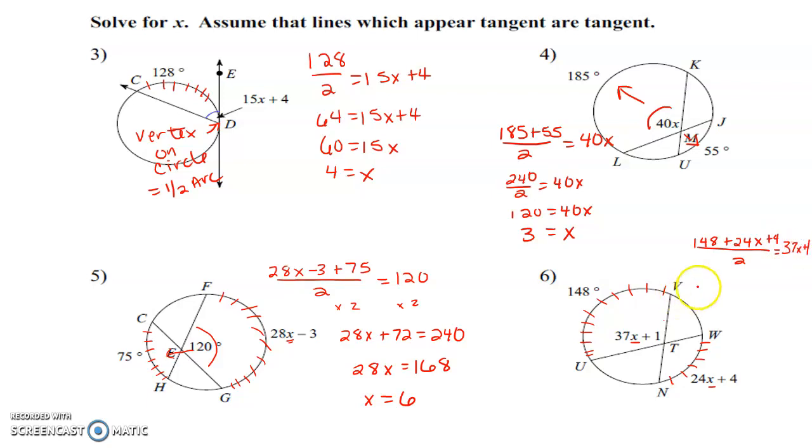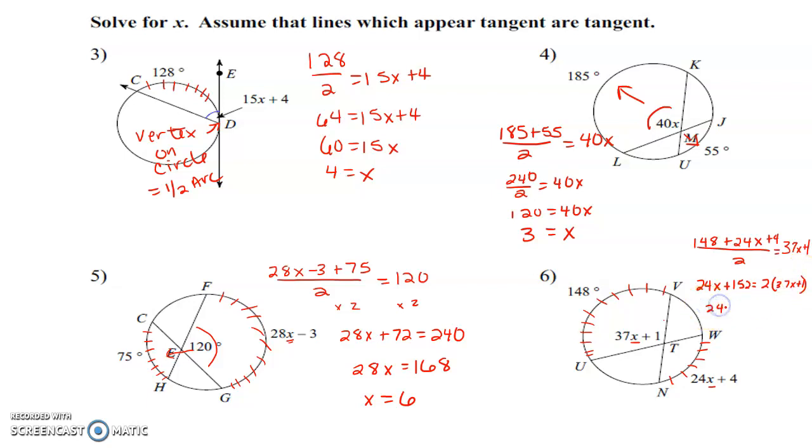Now here's the thing, when I clear my fraction and I multiply by 2, I have to make sure that I distribute. So let's first take a look and simplify my numerator. I'm going to have 24x plus 152 equals 2 times this whole amount of 37x plus 1.